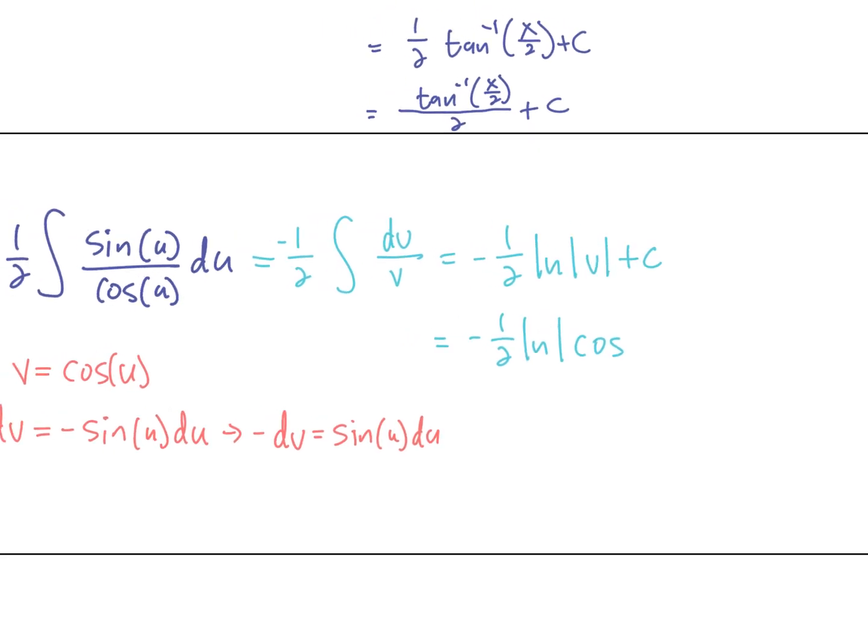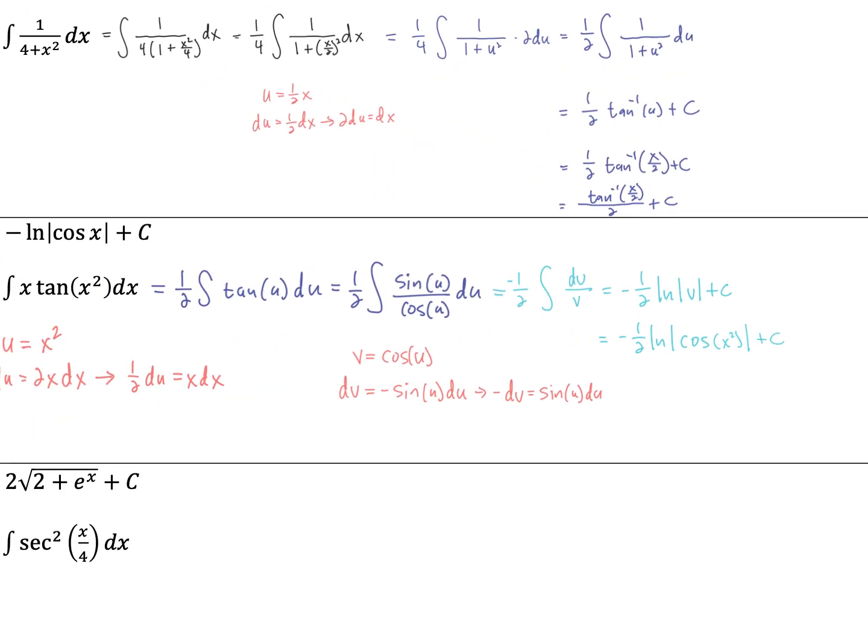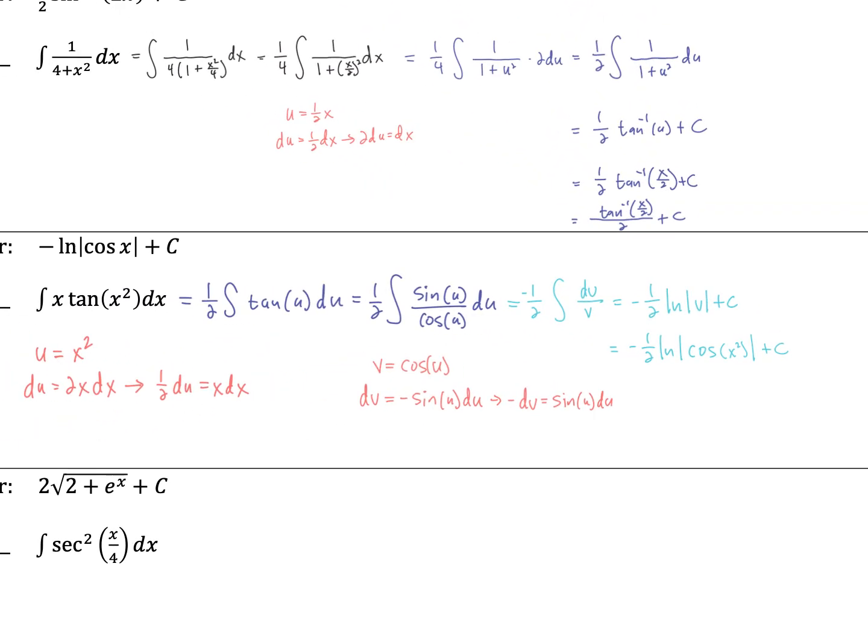Technically we could do this in 2 steps, but really this v would become cosine u, but the u here, according to our original step, was just x squared. And so that'll be the final answer. Notice we brought the x's back, and that's what you have to do. If it starts off in x, it's got to end in x for these antiderivatives.